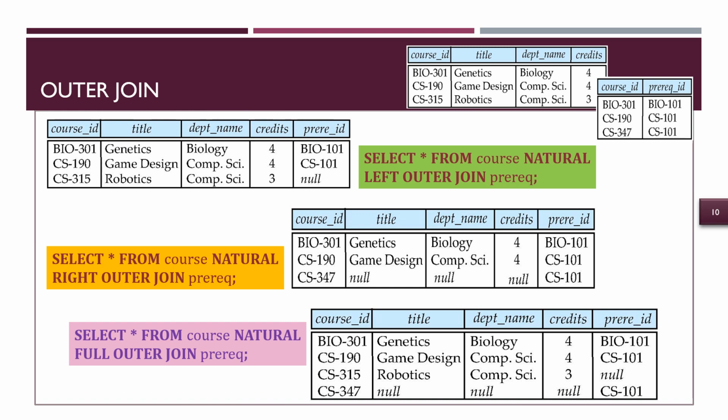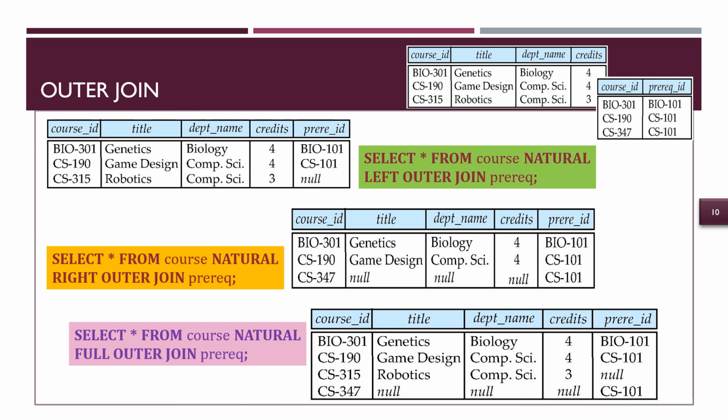So the course IDs BIO-301, CS-190 and CS-315 are preserved. But for the tuple CS-315, the prerequisite ID is missing, so that field will be filled with null.